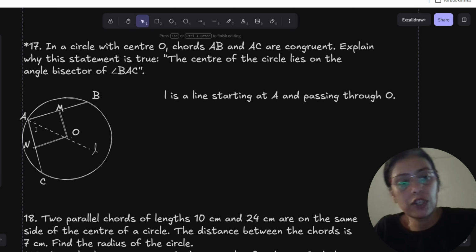Right now, we just know that this line L is starting from A and passing through O.